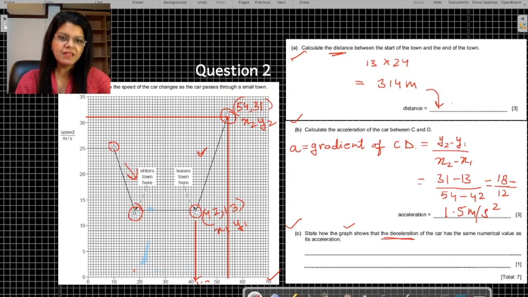So state how the graph shows that the deceleration of the car has the same numerical value as the acceleration. The acceleration value you have already calculated is 1.5. Let us calculate the value of the deceleration.